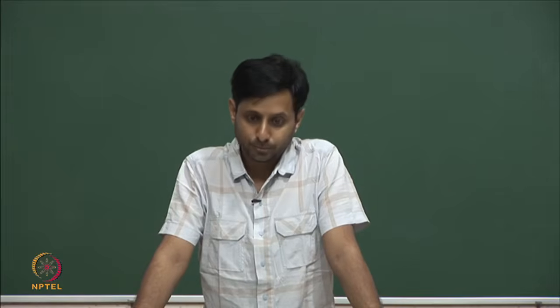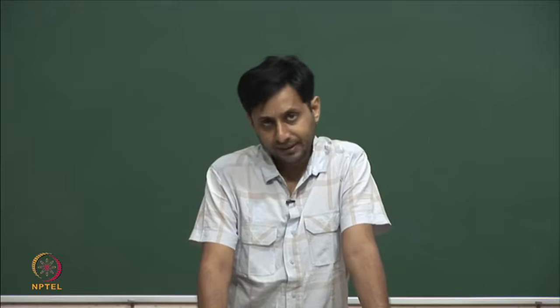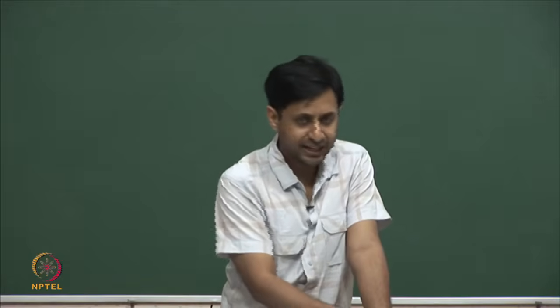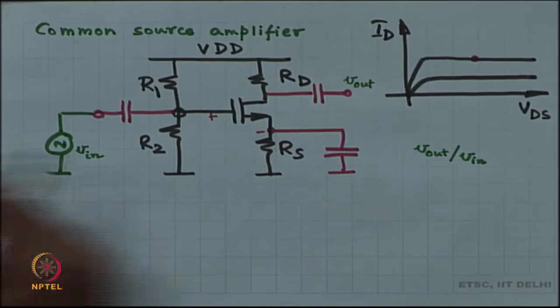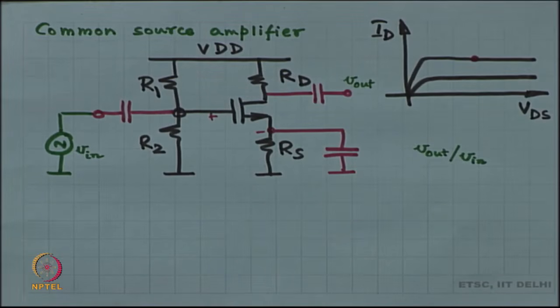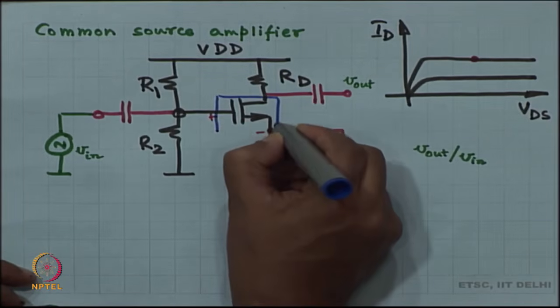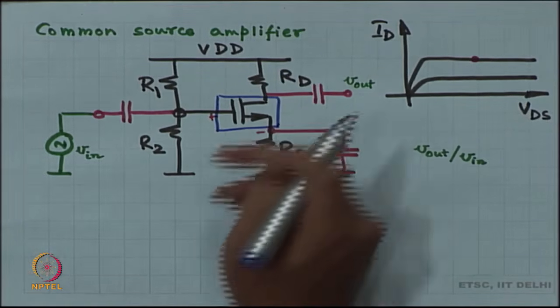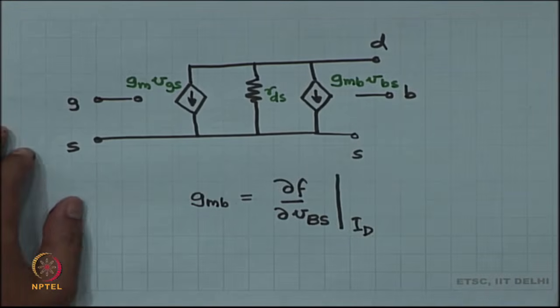So, this is part 2. After we have done this, then part 3 is to replace the MOSFET. So, the MOSFET has to be replaced with its model, with its small signal incremental model.